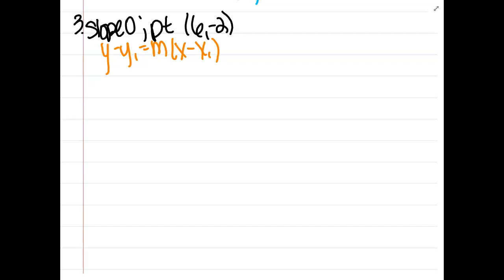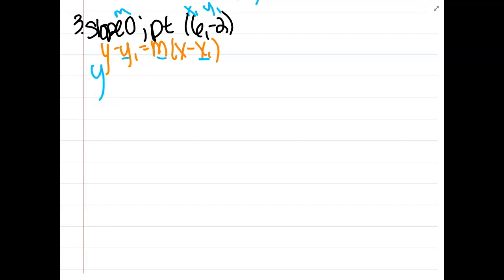To use point-slope form, you have to have your y1, your m, and your x1, and they give me all of those. I have my m, which is my slope. I have 6 for my x1. I have negative 2 for my y1. So just plug the numbers in.